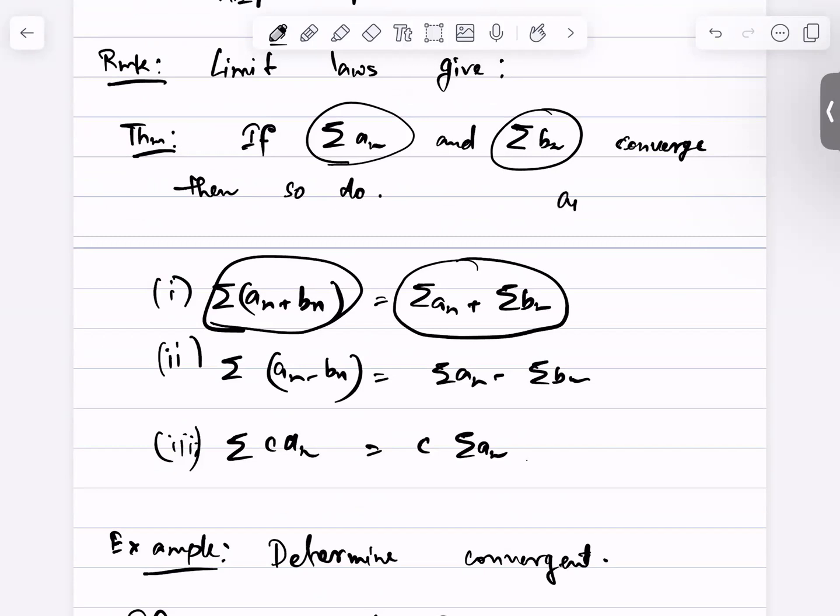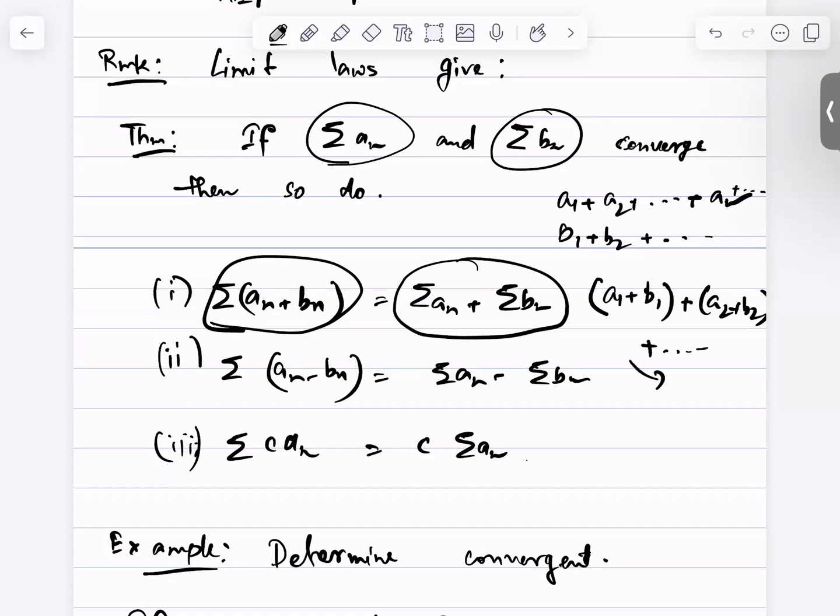So say I have a1 plus a2 plus so on plus an as one series, and this converges, and so is b1 plus b2 and so on, this series. Then if I form a new series like this, a1 plus b1, a2 plus b2 is the second term of the series and so on, this series also will converge. Say this series converges to A, this series converges to B. So therefore this term by term summation series will converge to A plus B. That is basically what the result is trying to say.